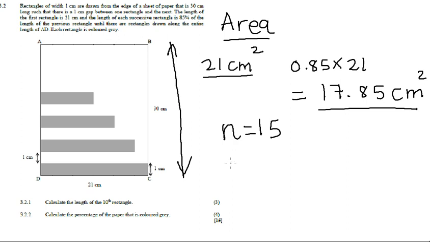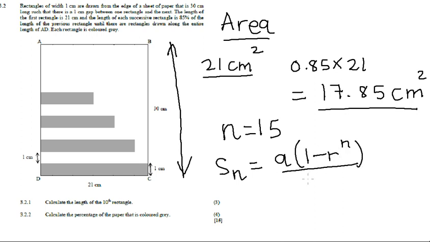So we can work out the sum of the areas, which for a geometric number pattern, Sn is equal to A into 1 minus r to the power n, all over 1 minus r.